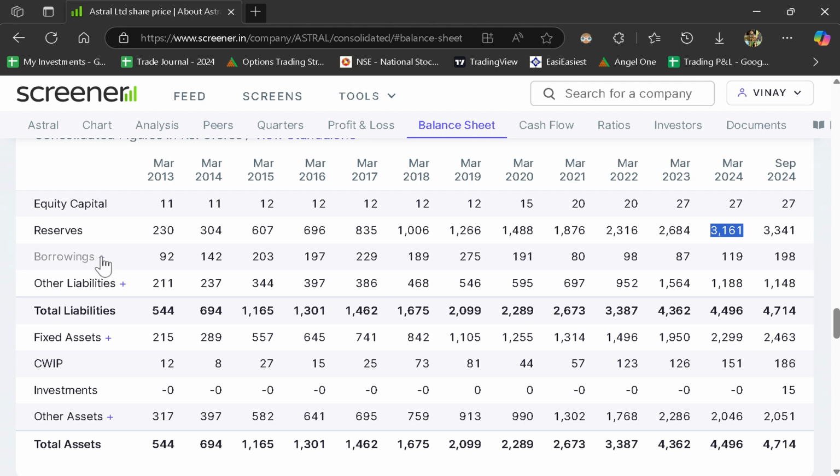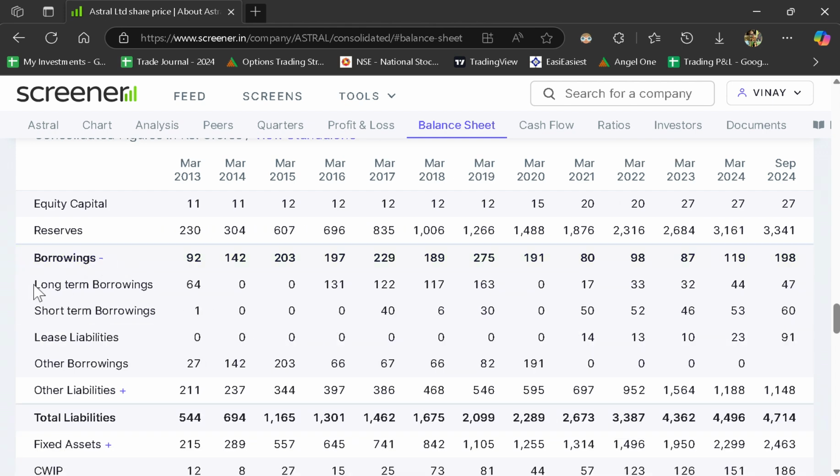Then we come to the borrowing part. So these are long-term borrowings and short-term borrowings. Long-term borrowings are the loans for a longer term and short-term borrowings are the loans taken for a short duration for small expenses. Then some lease liability may not be significant, and other borrowings.